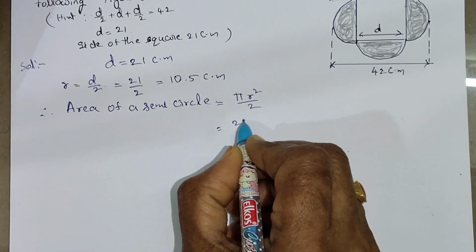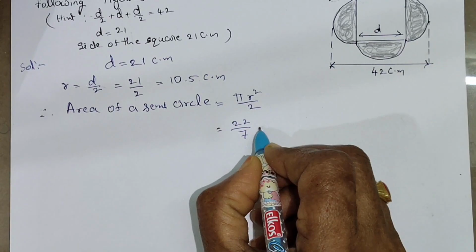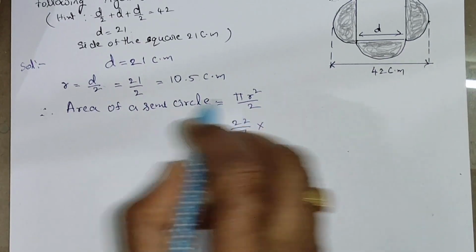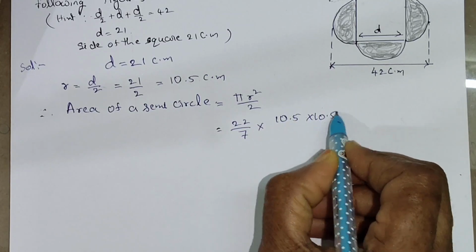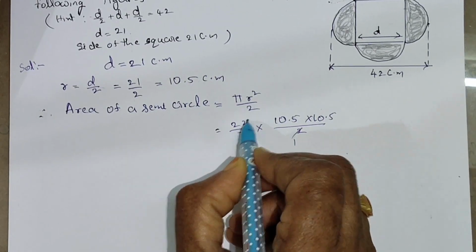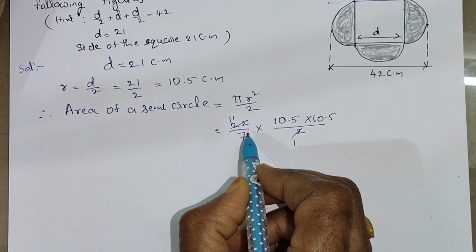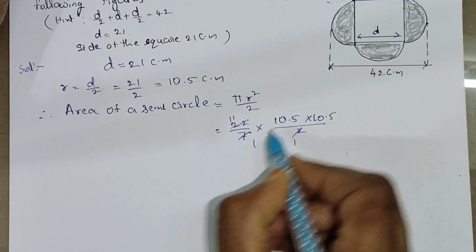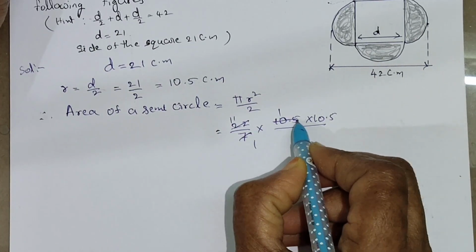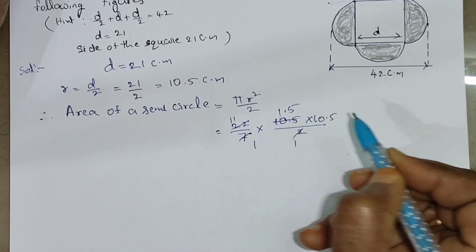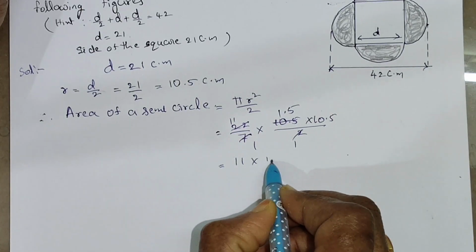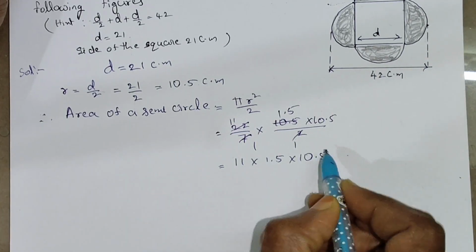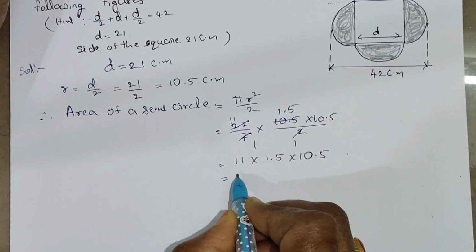Now substitute 22 by 7, and r equal to 10.5 into 10.5, by 2. Here 2 ones are 2, 11. Next, 7 ones are 7, 35. One digit before the point. 11 into 1.5 into 10.5. So multiply these three numbers.